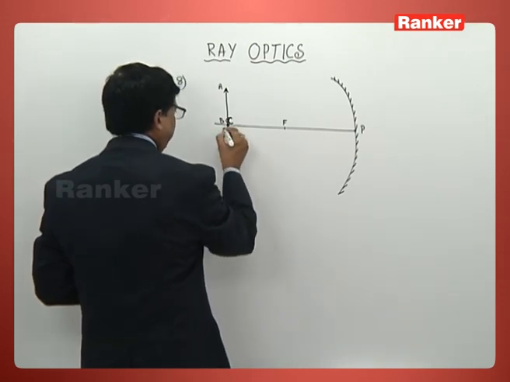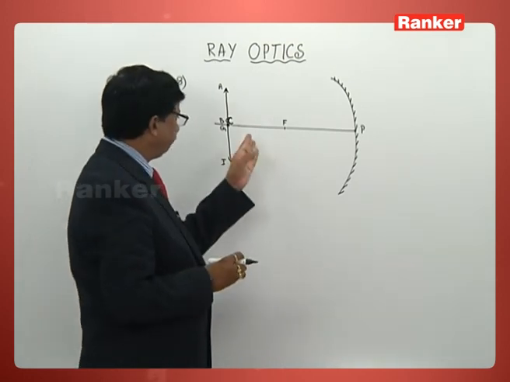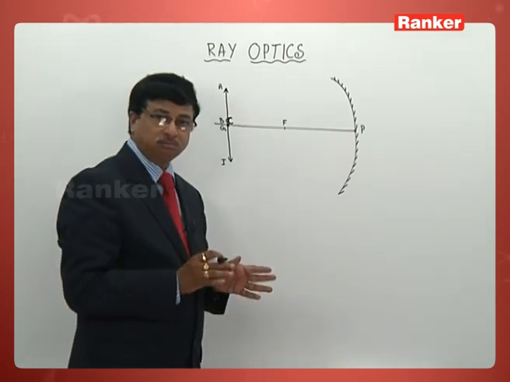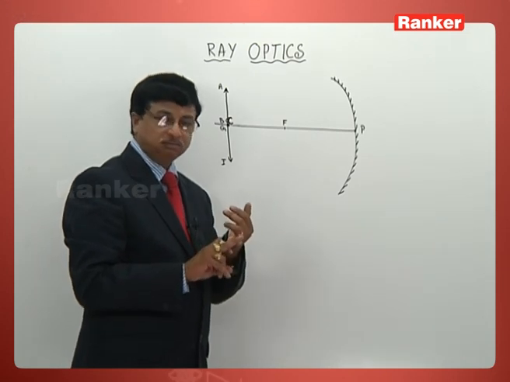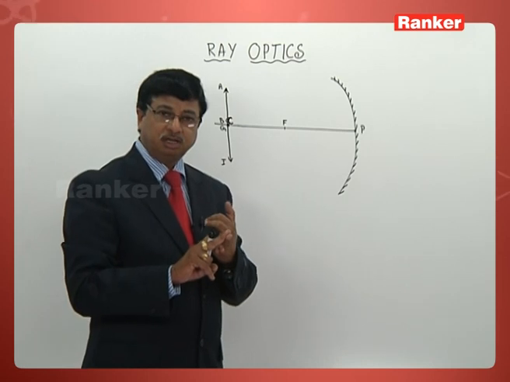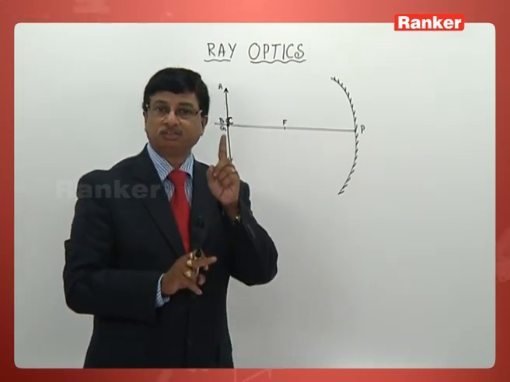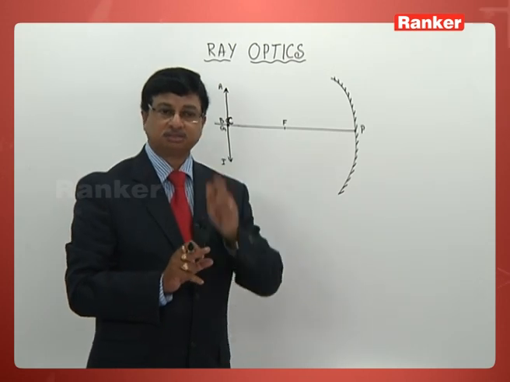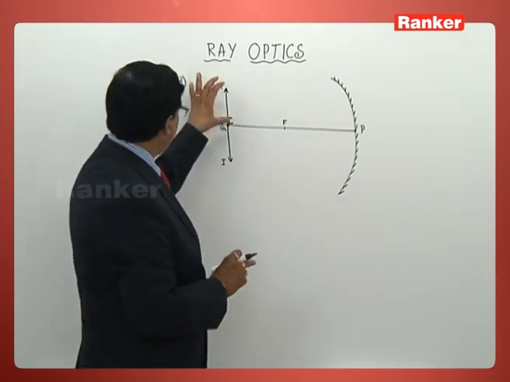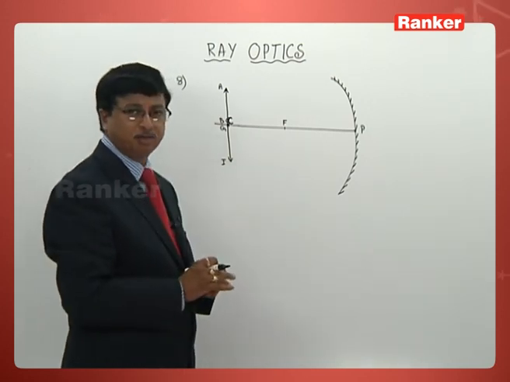And this image I write it as IG. The features of the image we all know. It's real, inverted with respect to the object, formed at the same point and having the same size as that of the object. So, the sizes are also equal, distances are also equal, everything same, like we can understand fine.